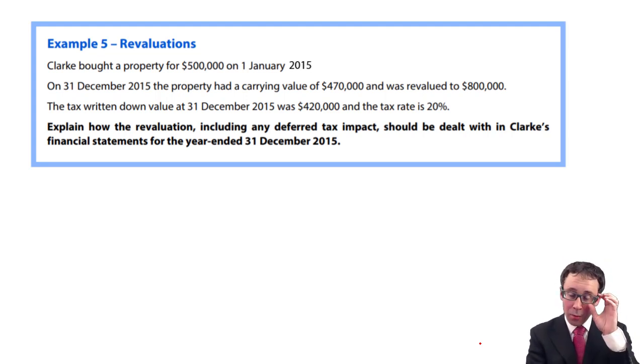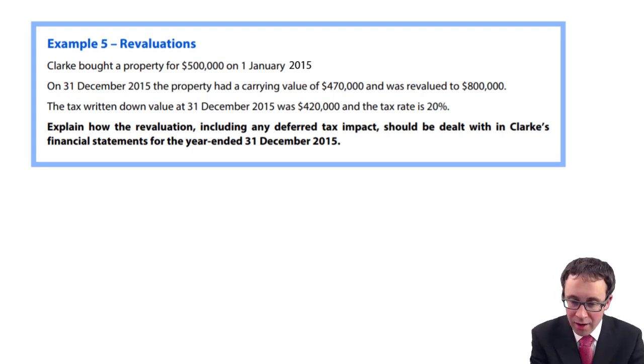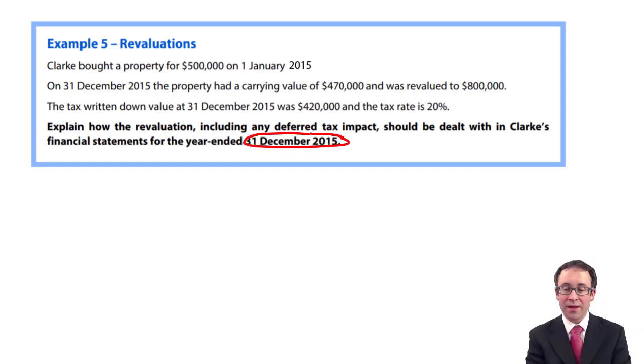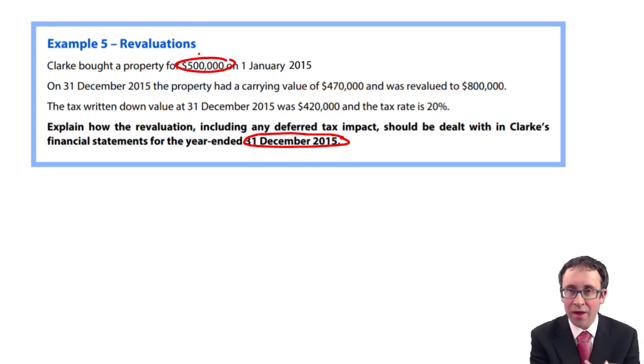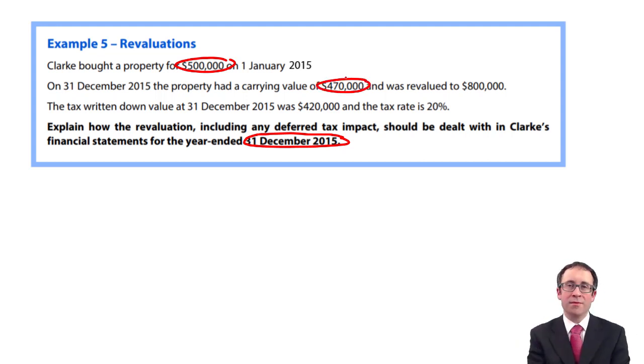Okay, so it wants us to look at the revaluation, the deferred tax upon it in our financial statements for the 31st of December 2015. So at the start of the year we bought a property for 500,000, so that will have been depreciated, and you can see there that that's been depreciated using whatever rates it may be to $470,000.